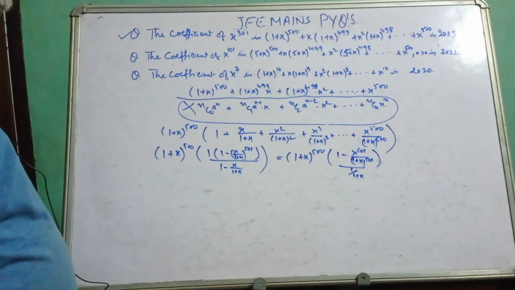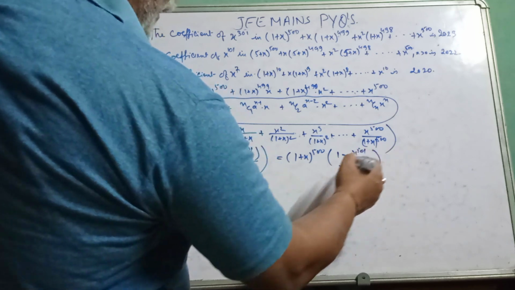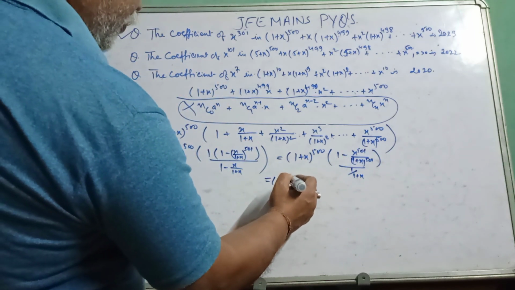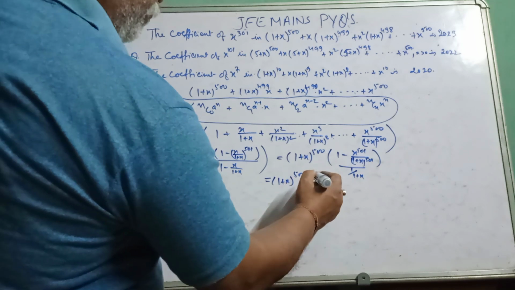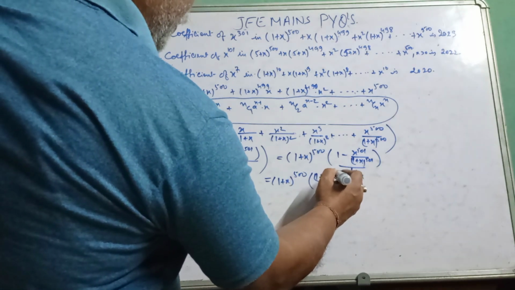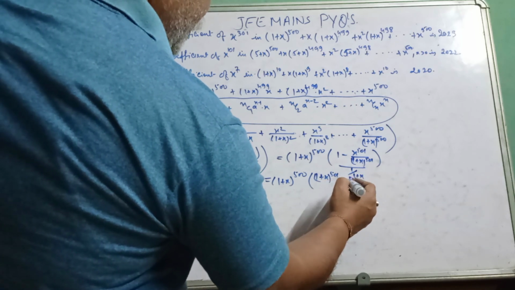Now if you take LCM here, this will be 1 plus x to the power of 500, this will be 1 plus x to the power of 501 minus x to the power of 501 by 1 plus x to the power of 501.